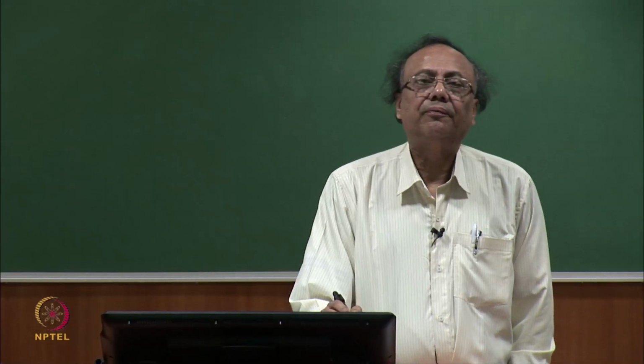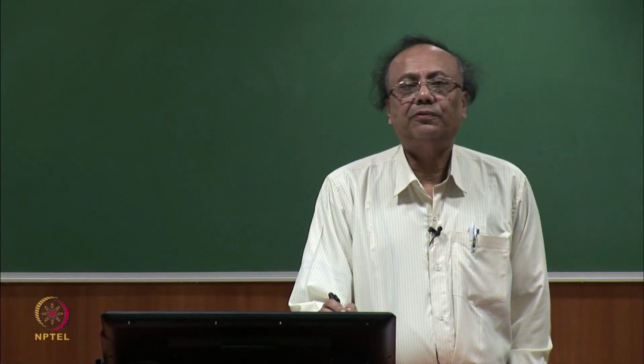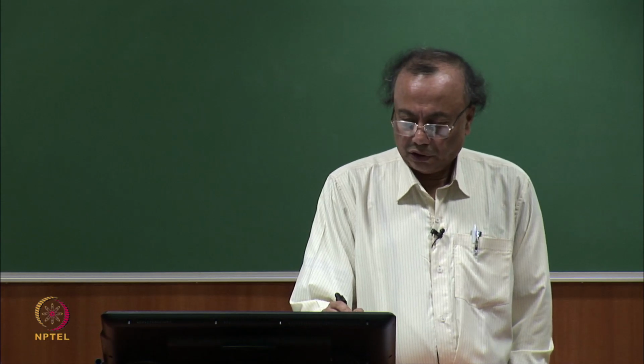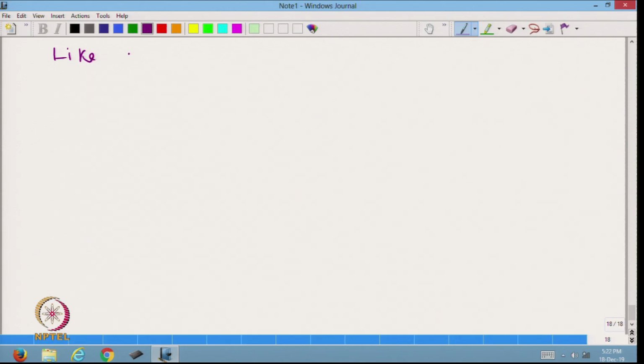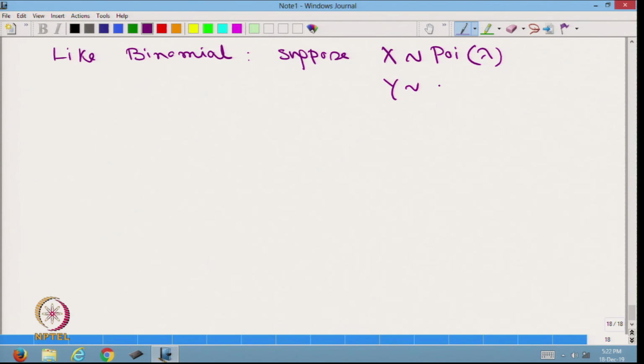A natural question is, what is the sum of two Poisson random variables? So, like binomial, suppose X is a Poisson random variable with parameter lambda and Y is a Poisson random variable with, say, parameter mu.